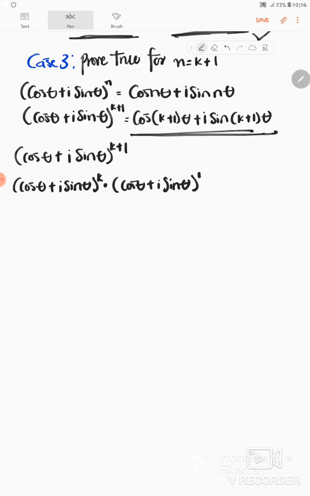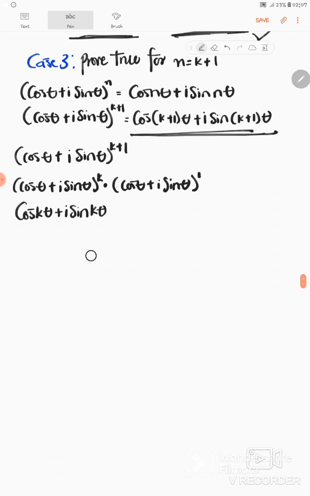Now, with this, let's open here first. We're going to have cos k theta plus i sin k theta, because of this k above, and we all know that when it comes down, it turns to cos k theta plus i sin k theta, not cos squared k theta.